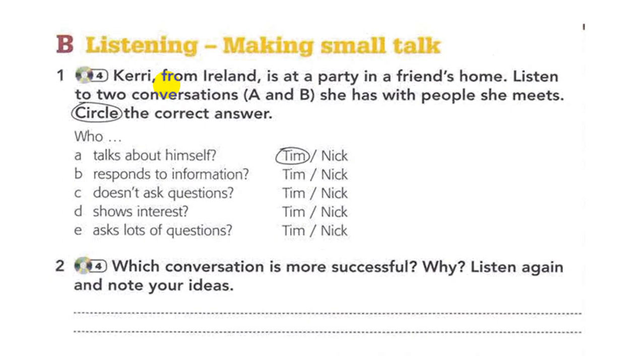Carrie from Ireland is at a party in a friend's home. So let's listen to 2 conversations, A and B, she has with people she meets. Circle the correct answer. Let's listen and circle the correct answer together.